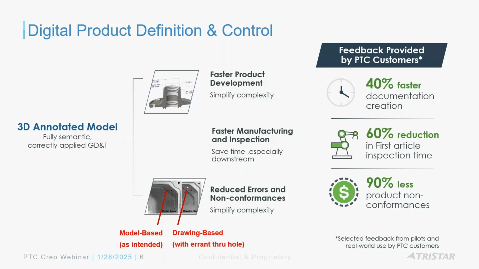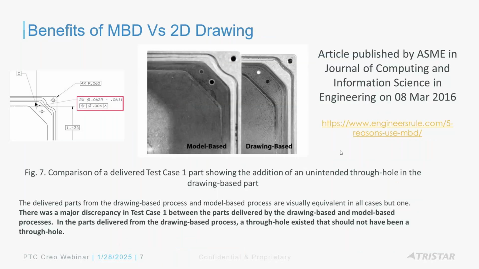And one of the important things is about quality, right? You can see an example in my slide about model-based versus drawing-based, about the errors that you might run into. And there was actually a research team from NIST, the National Institute of Standards and Technology, which conducted a study to check the difference between paper-based and model-based.